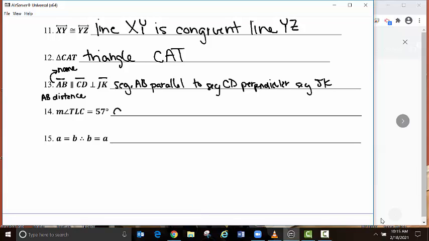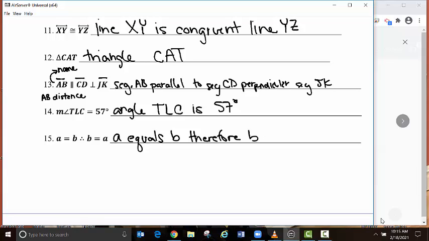This next one is saying angle TLC is 57 degrees. And lastly, A equals B, therefore B equals A.